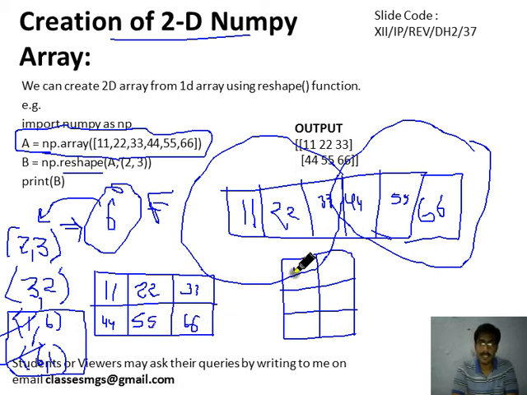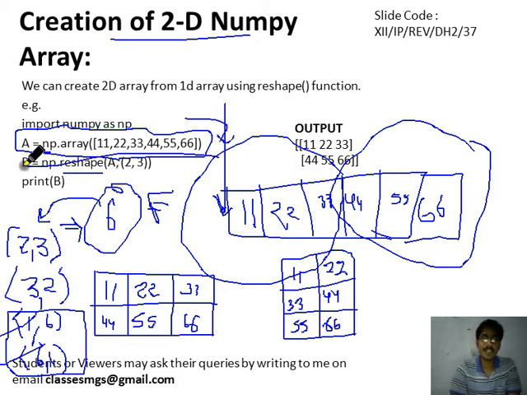Or it could be 11, 22, 33, 44, 55, 66 in the 3 by 2 layout. So this is how you can use the reshape method to convert a one-dimensional array into a two-dimensional array. A question may be asked on this. Keep this in mind. Okay, thank you. Let me move ahead.